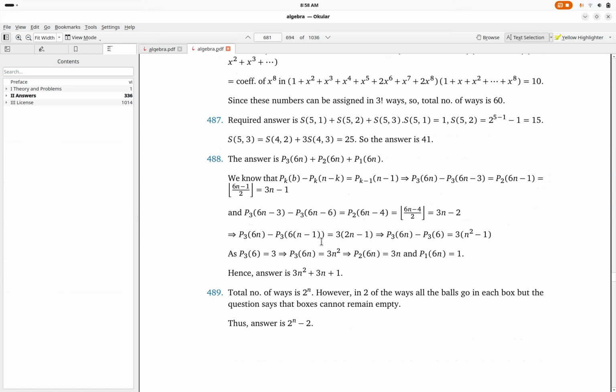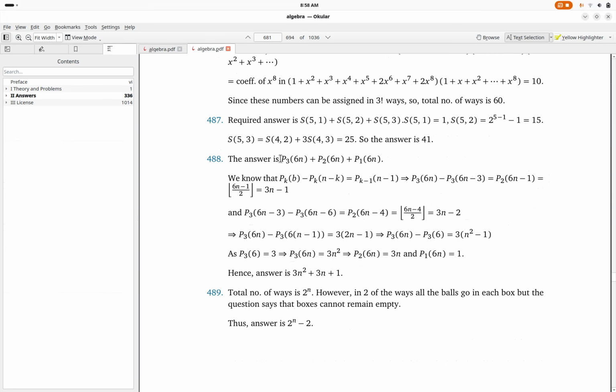And similarly, we go on computing, we get P3(6n) minus P3(6) is equal to 3n squared minus 1. And P3(6) is equal to 3. So P3(6n) is equal to 3n squared, P2(6n) is equal to 3n, P1(6n) is equal to 1. So the answer is 3n squared plus 3n plus 1.